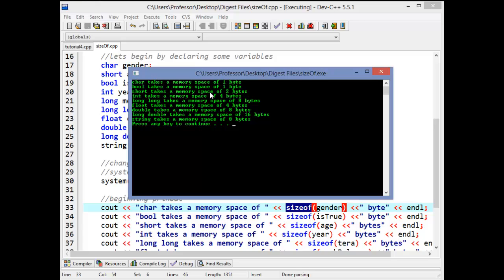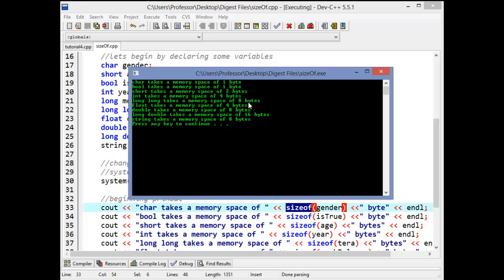Short takes a memory space of 2 bytes. So if we declare something as a short data type, it will occupy 2 bytes of our memory space. If we make something an int, it will occupy 4 bytes. If we make something long, it takes 8 bytes of memory space. Is that okay?